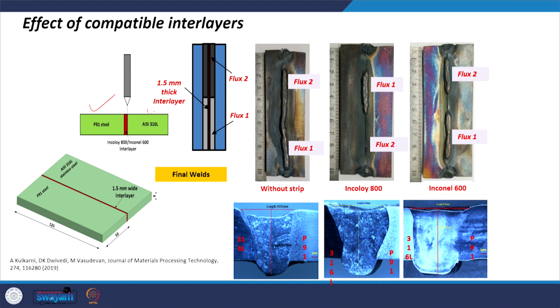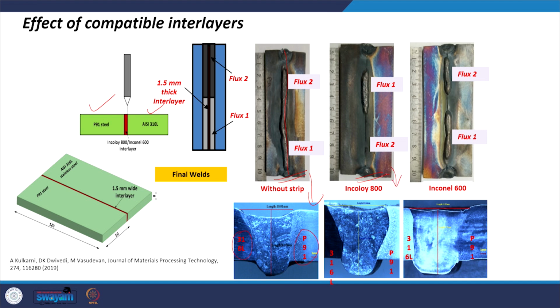This is one example wherein we will demonstrate how the properties get affected when P91 is welded with 316 directly or with the use of a suitable compatible filler metal. Say TIG welding was used for fusion welding of the dissimilar combination of P91 and 316. In one case no filler was used, and this shows the corresponding cross section of the weld joint of 316 and P91.